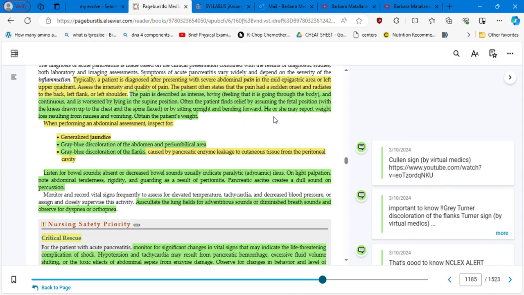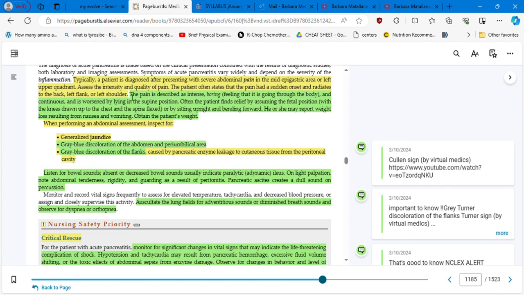The patient often states that the pain had a sudden onset and radiates to the back, left flank, or left shoulder. So we are having the cholecystitis radiating to the scapula, the right shoulder, and is the upper right quadrant. And we have here the acute pancreatitis.